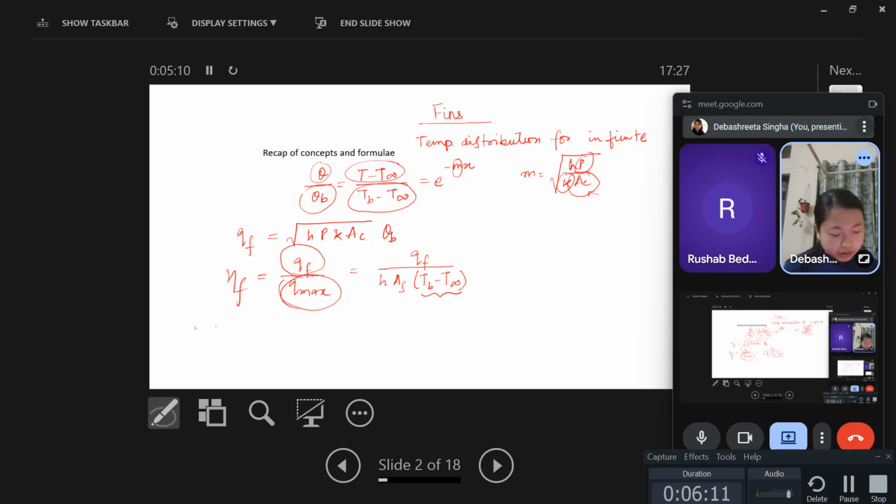Then we have effectiveness also. It can be denoted by epsilon f. This is given by Qf, Q with fin, divided by Q without fin.